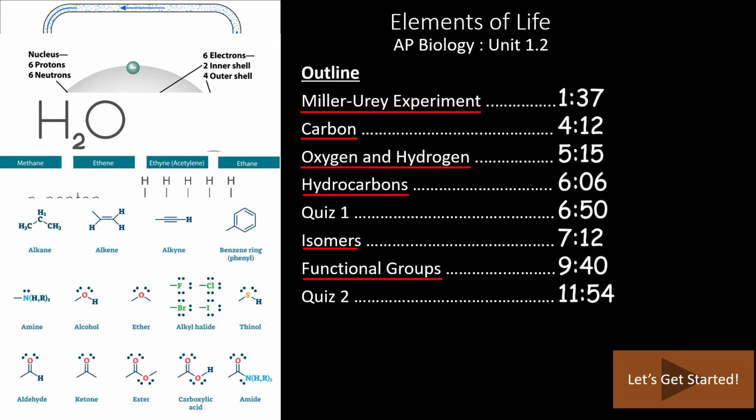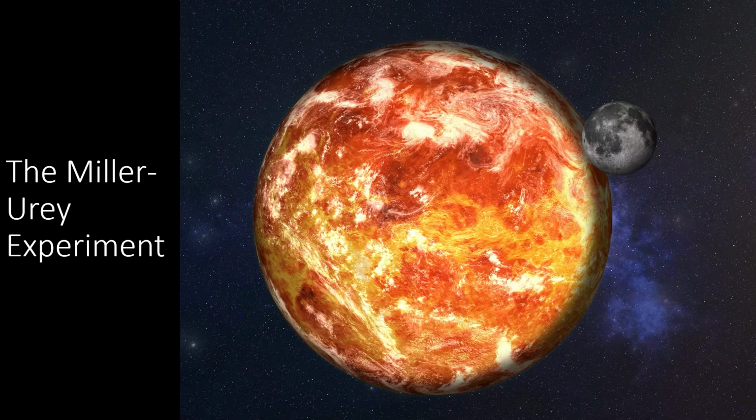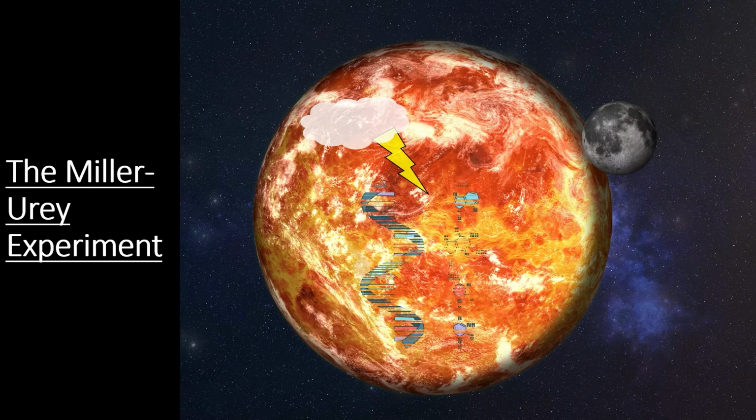Let's get started. In one of the most famous historical experiments ever conducted, Stanley Miller and Harold Urey were able to prove that the highly volatile early atmosphere of Earth would be able to create the molecules of life without an actual organism.